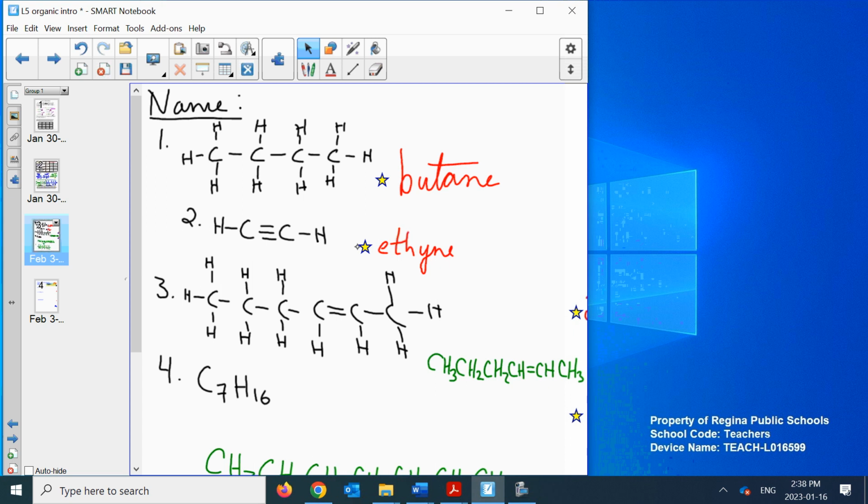So number 3, I have written 2 different ways. I have it written in green here as an abbreviated kind of way, short form, because once you get going with a lot, well, there's what? 1, 2, 3, 4, 5, 6. There's hex. And I've got 1, 2, 3, 4, 5, 6. It's the same molecule.